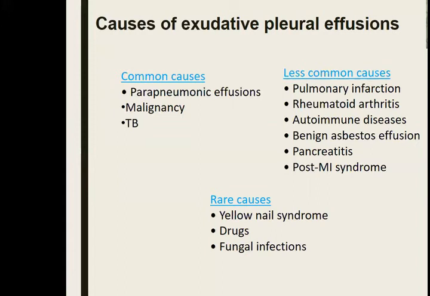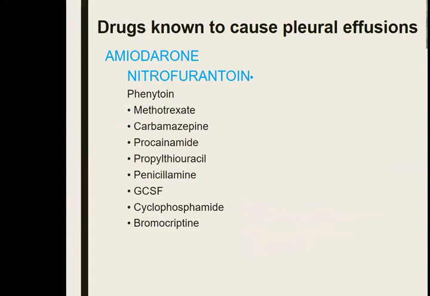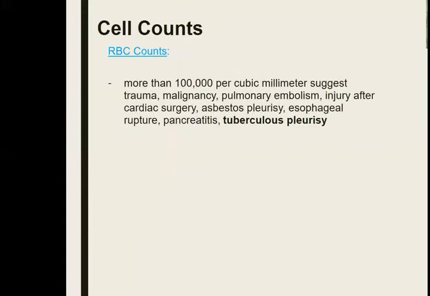But the most common are those three things when you find an exudate. There are certain drugs which can also be responsible, particularly the drugs which cause SLE, like phenytoin, methotrexate, carbamazepine, procainamide, and so on. But the most important are nitrofurantoin and amiodarone, which cause pleural effusion.